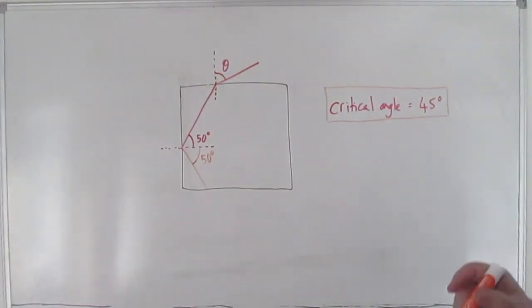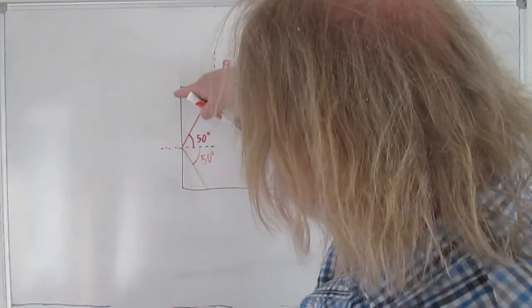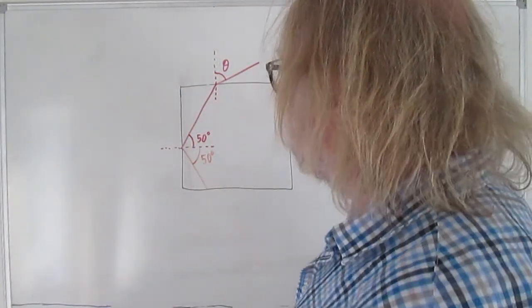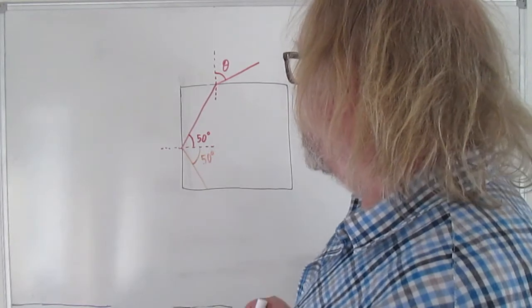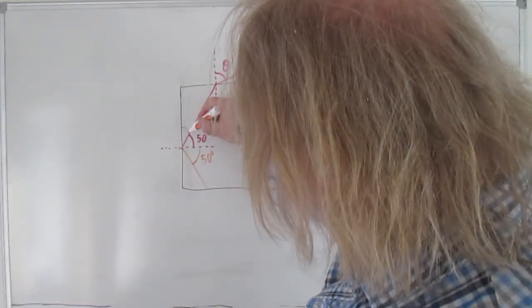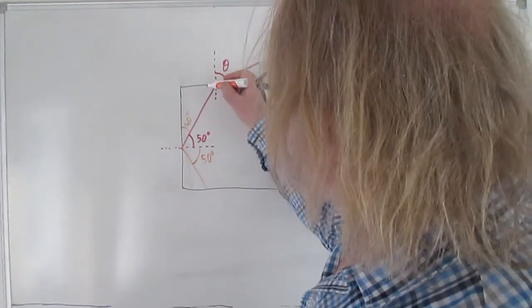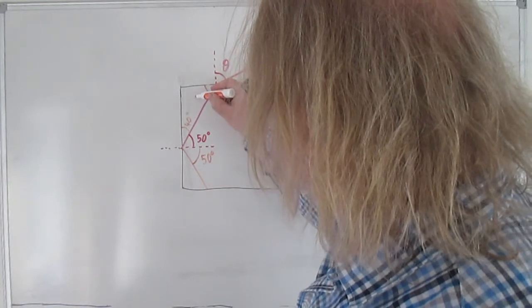Okay, so then if we think about the other angles in here, you can see that because this is a right angle triangle here, because you're in a cube there, if this angle is 50 degrees, this one is 40 degrees, and if this one's 40 degrees, then this one is 50 degrees.